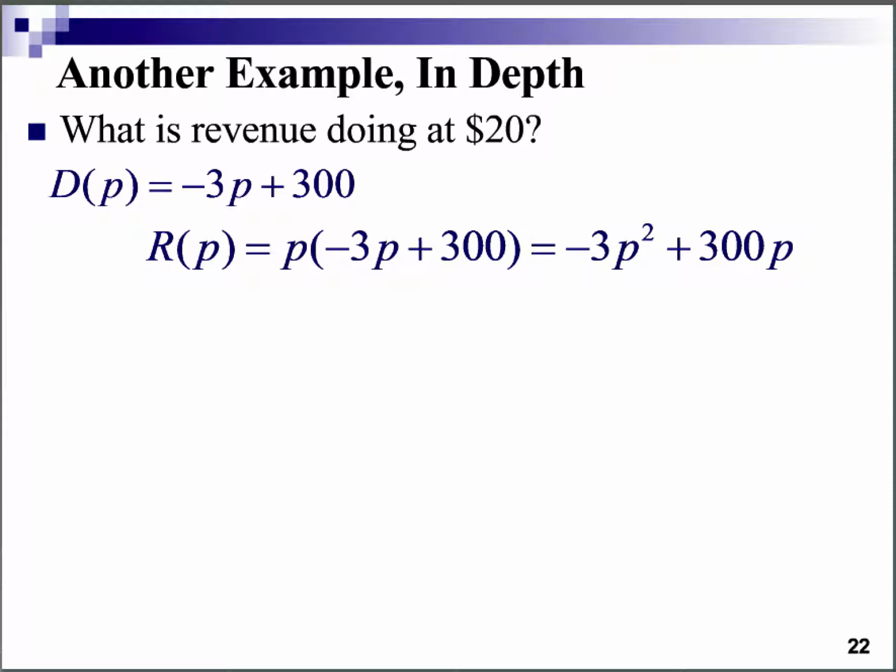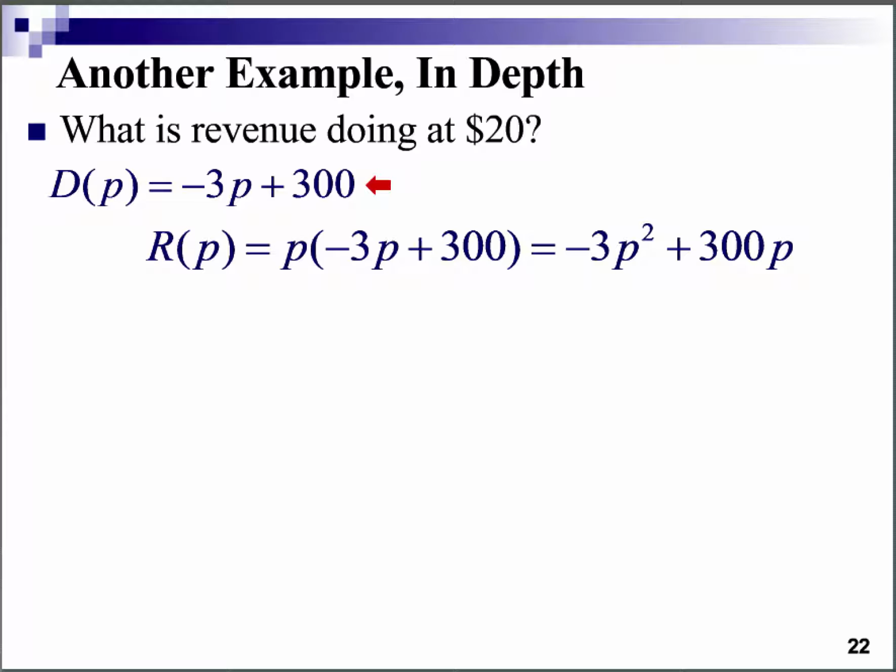I have R of P is equal to the price P times the quantity Q. In this case, the quantity Q is given by the demand function. So Q is equal to negative 3p plus 300. So our revenue function can be found. It's a quadratic as we've seen before, but now the revenue function is given in terms of P and not Q. And it's negative 3p squared plus 300p.